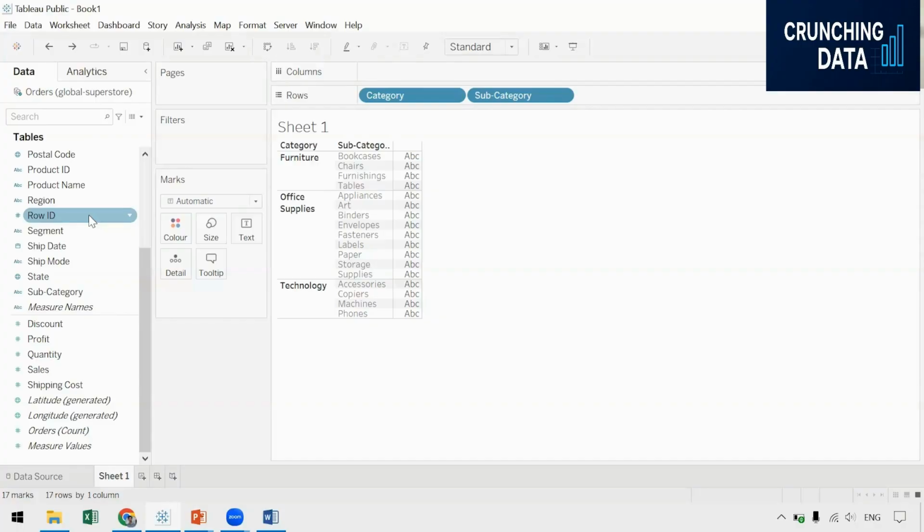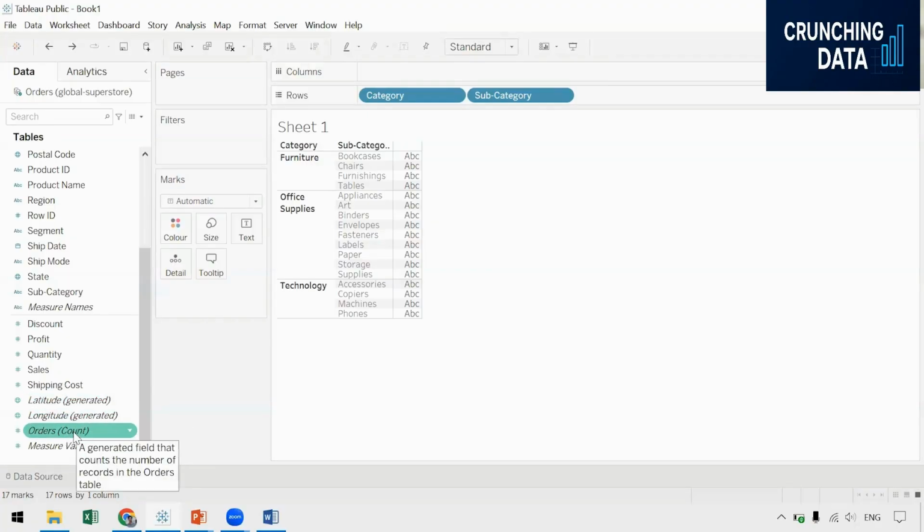And whenever these dimensions are given, Tableau tries to calculate the different longitudes and latitudes which are associated with these values, and then generates the latitude and longitude based on them. So whenever your data set has the state, the city, or the country kind of data, these latitudes and longitudes would be automatically generated. And based on this, you can try to create a map kind of visualization. We will be looking at what a map visualization is in the upcoming sessions and how to create it with the help of these latitudes and longitudes.